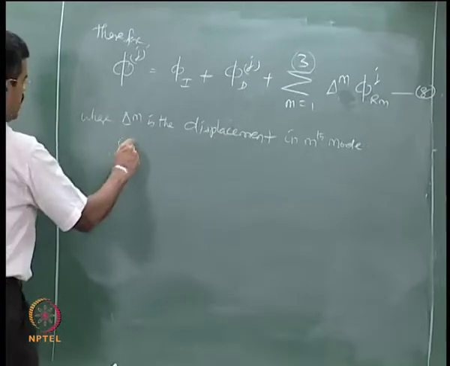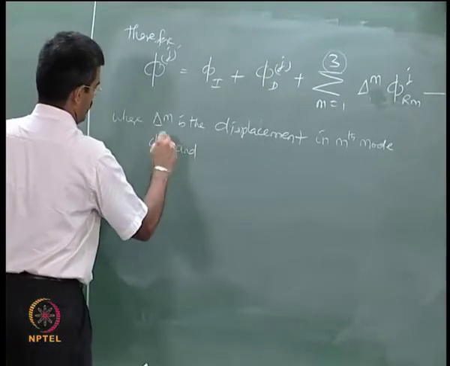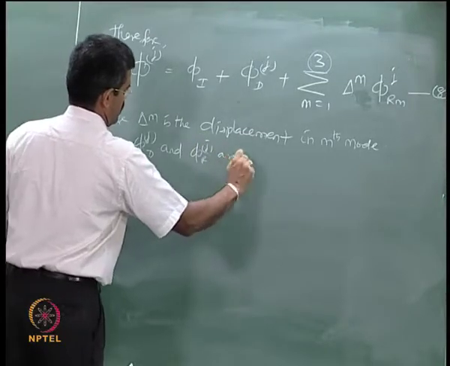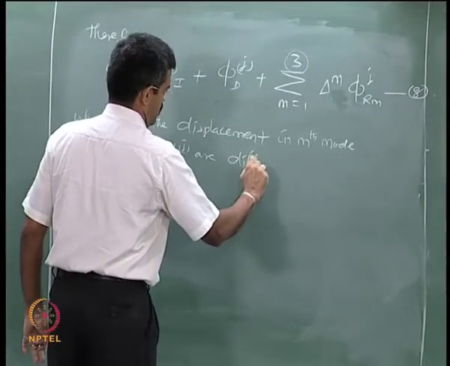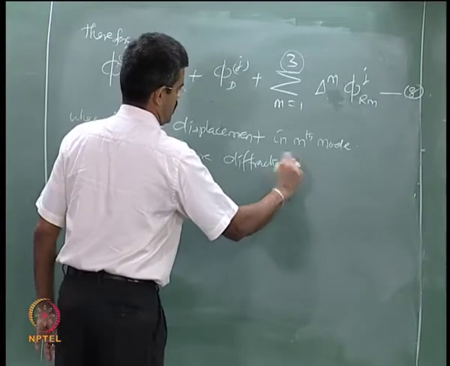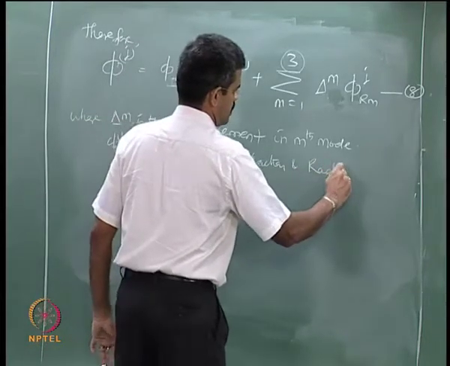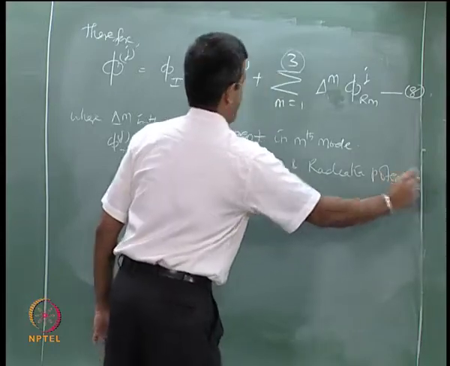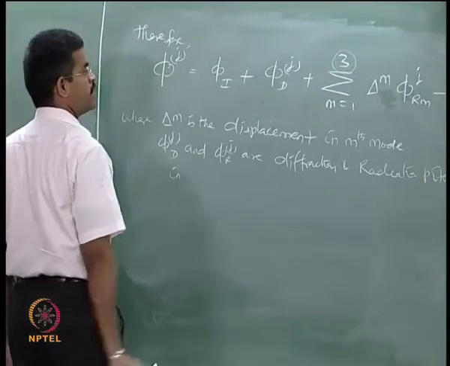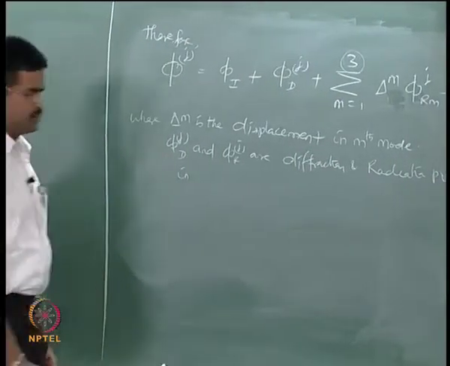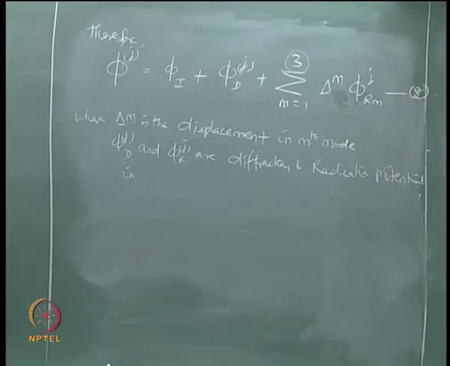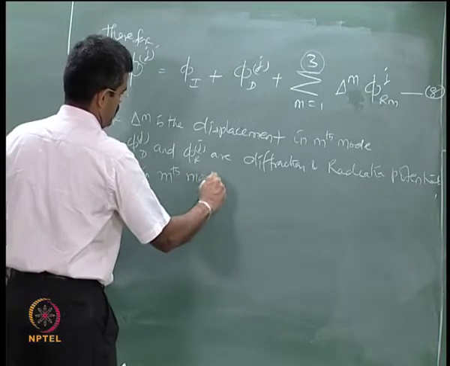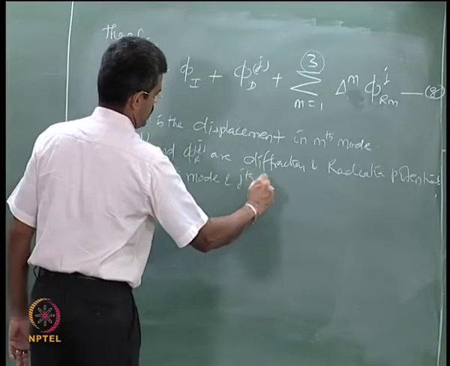Phi d and phi r are diffraction and radiation potentials in mth mode and jth region.